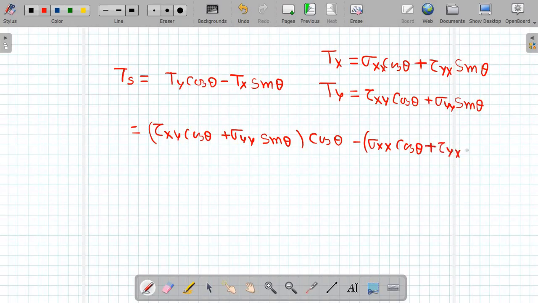so I think this is all clear. So replacing Ty from this equation, shear xy cos theta plus sigma yy sin theta, cos component, minus stress xx cos theta, I am taking the Tx function from here.